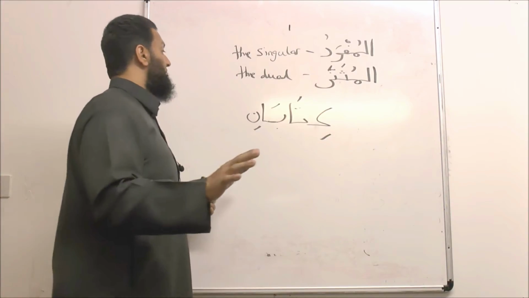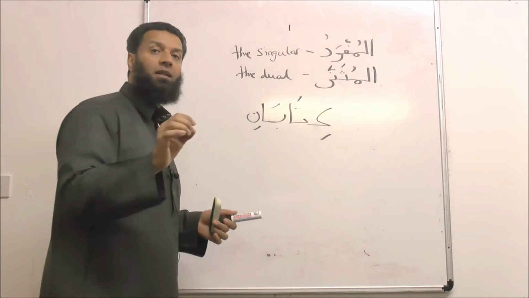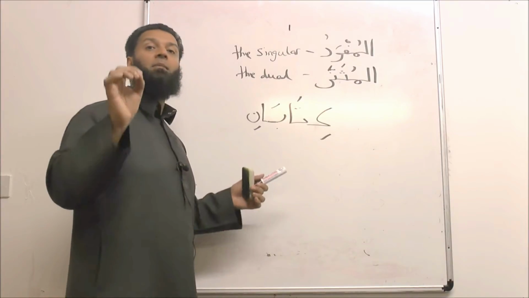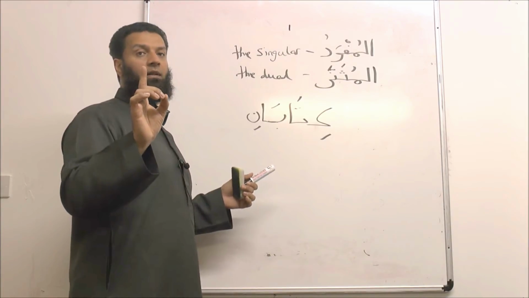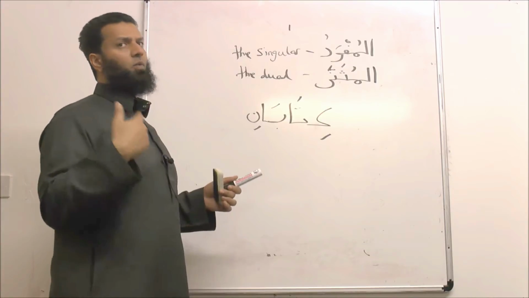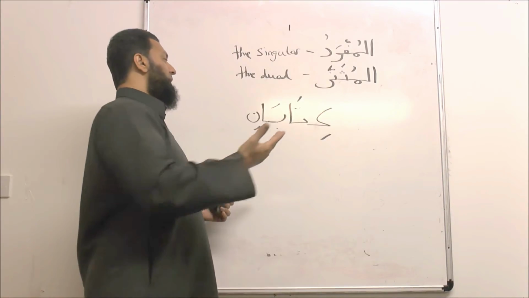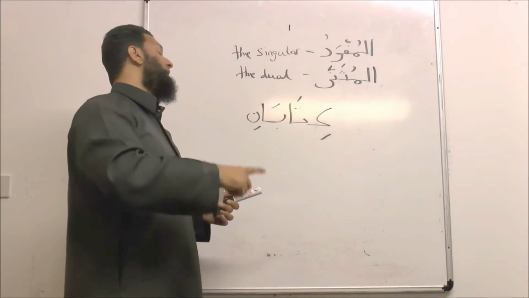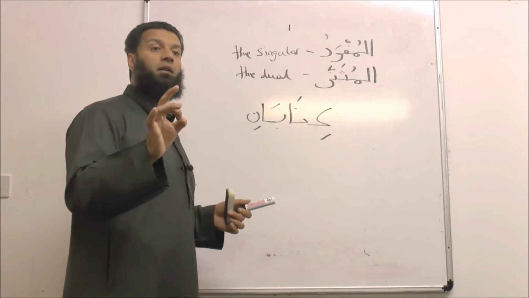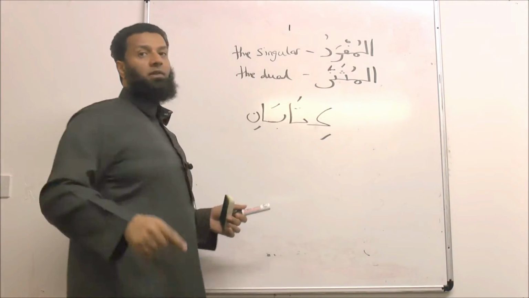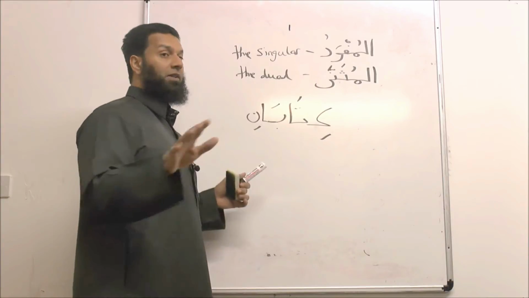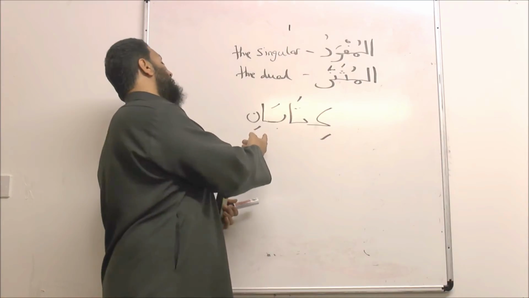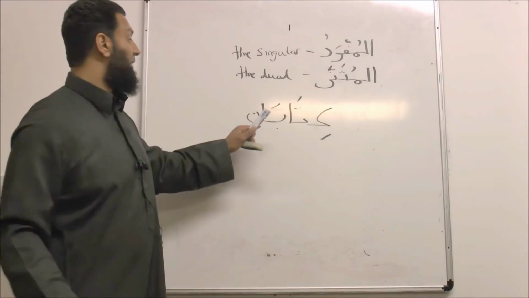The correct answer is that kitabani is in the marfu'un state. Kitabani is in the marfu'un state. And that makes sense, doesn't it? Because why would I write the two books on the board in anything other than the default state when nothing has caused it to change? So the reason why you're slightly confused is because it appears that kitabani is majrurun because of a kasra at the end.